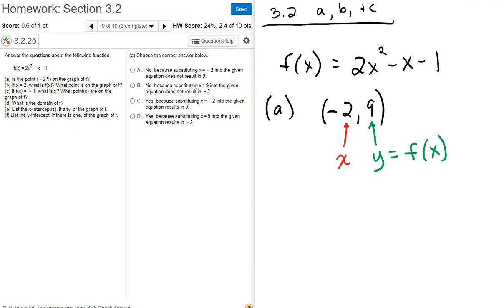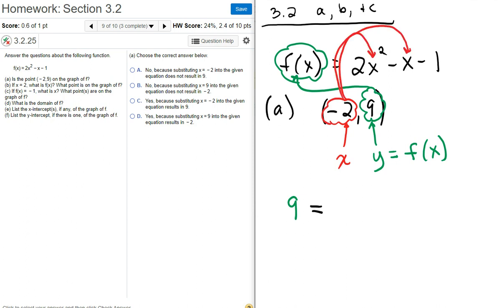So in order to see if this point is actually on my graph, I'm going to take 9 and substitute it here where f of x is. So I'm going to have 9 equals, and then since x is -2, I'm going to plug it into every x in the problem that I see.